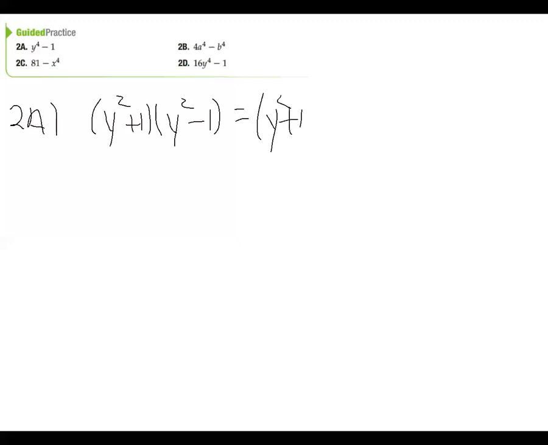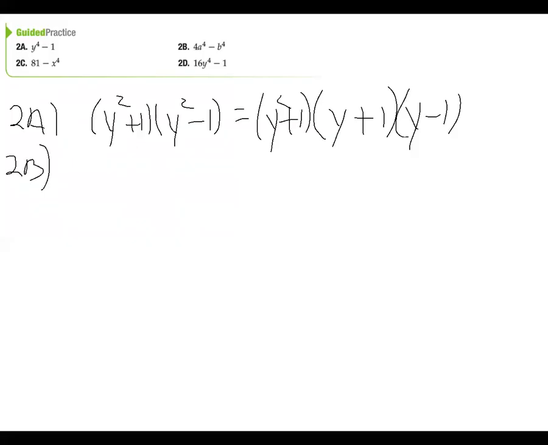Okay, we're back. Number 2a, that factors into y squared plus 1 times y squared minus 1. And then the y squared minus 1 factors, again, as a difference of squares, as y plus 1 times y minus 1. Number 2b, you have 4a to the 4th minus b to the 4th.